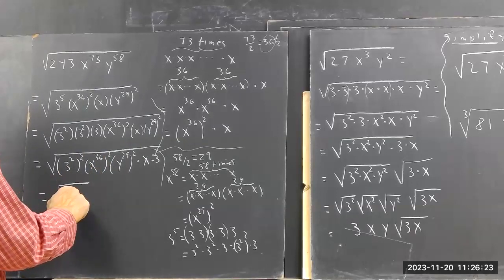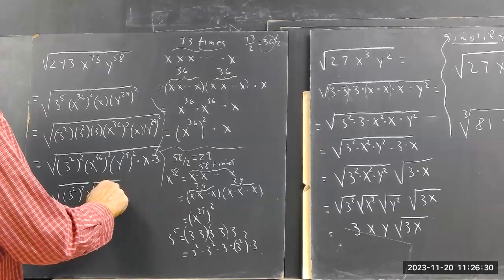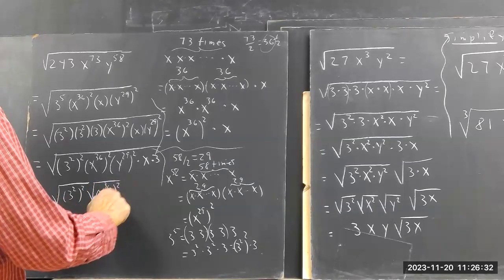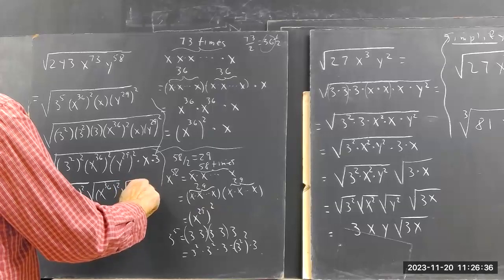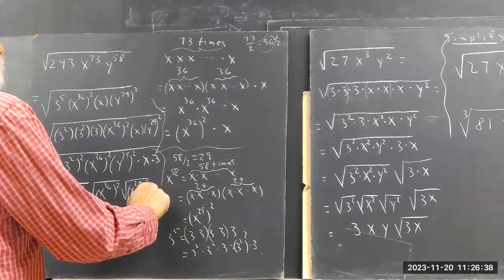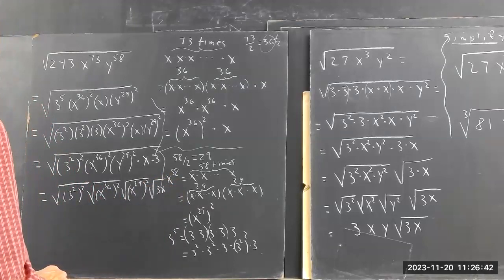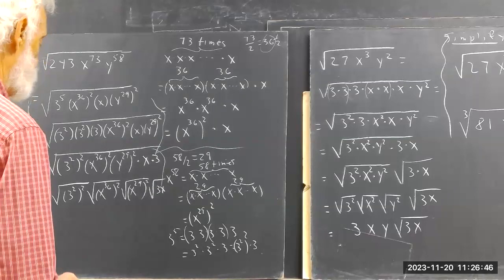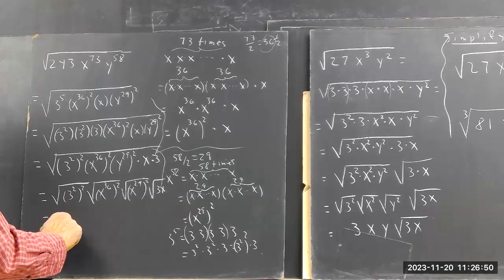We can say this is the square root of 3 squared squared times the square root of x to the 36 squared times the square root of y to the 29th squared times the square root of 3x.